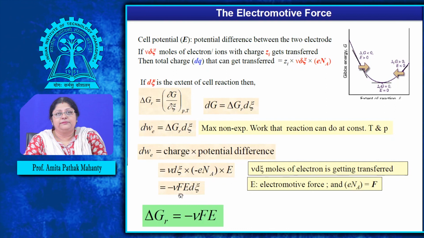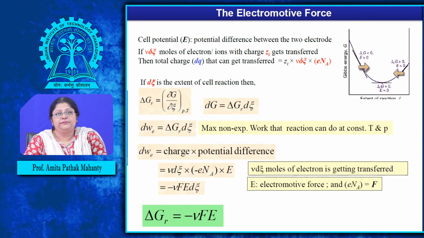So what do I have? I have Z F times the moles, with E, where the charge per mole becomes F. Then E is there, and delta xi is there. Now I equate the two.